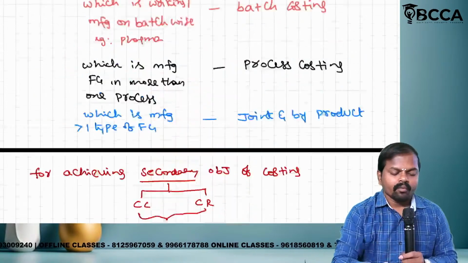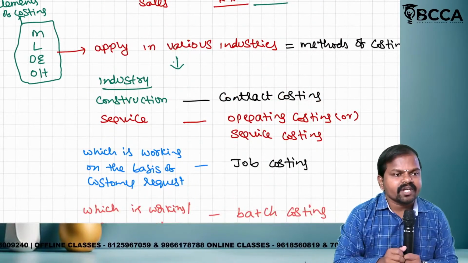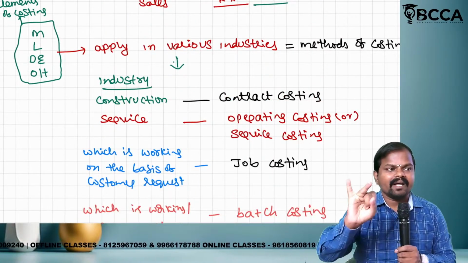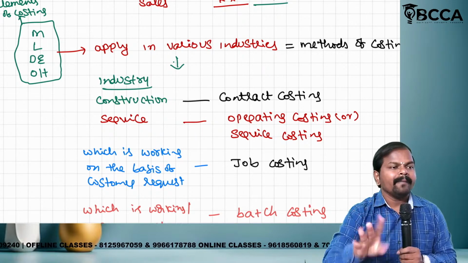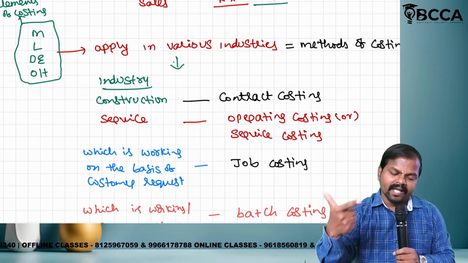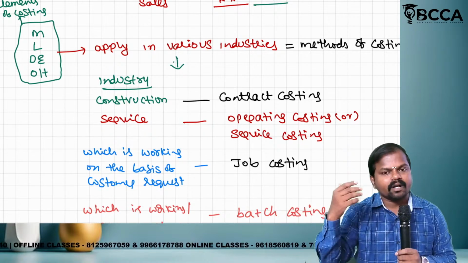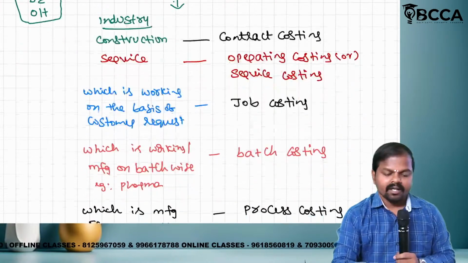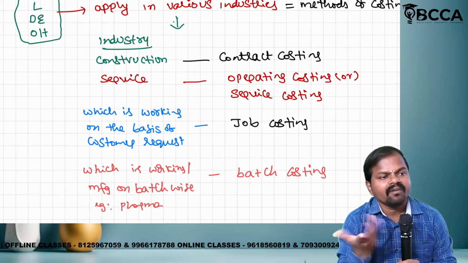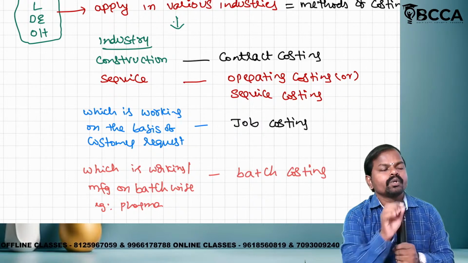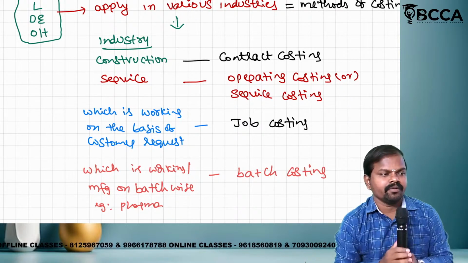Next, see, we already discussed elements of costing. Which chapters? Material, labor, overhead, direct expense. Methods of costing: job costing, batch costing, contract costing, process costing, joint and by-product costing, operating costing. These chapters will be helpful for what purpose? To achieve the primary objective.